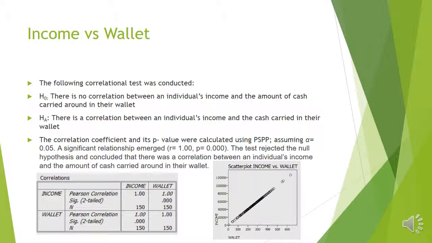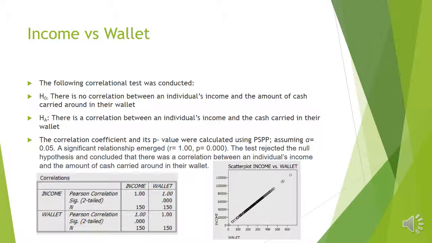Our next correlation was the income versus the amount of money or cash carried around in a person's wallet, where the null hypothesis stated that there was no correlation between the two. Alternative hypothesis therefore stated that there was a correlation between an individual's income and the cash carried in their wallet.